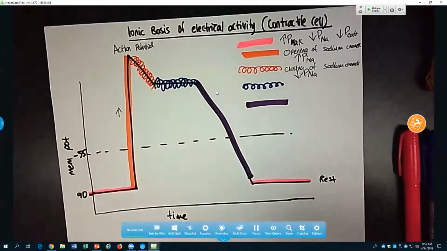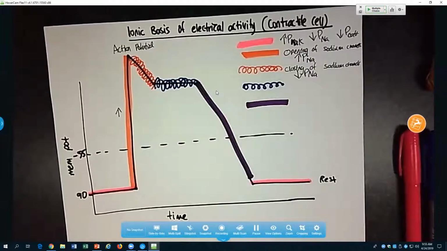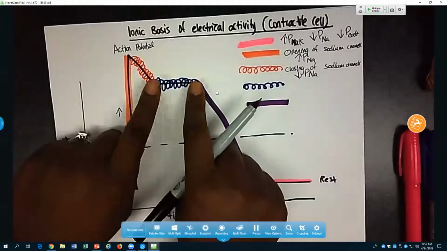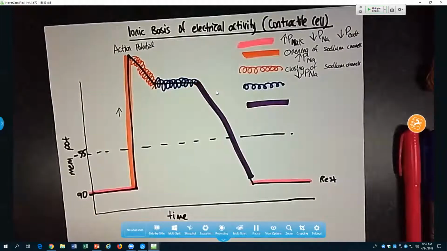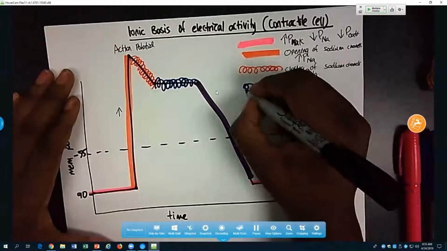We need calcium to allow muscle contraction. We have that same sarcomere structure here in cardiac muscle. Calcium is going to interact with troponin, and it's going to bring about cross-bridge cycling, which allows that muscle to contract. So we have to have a brief period of interrupting this cell from repolarizing. And this is called the plateau phase.